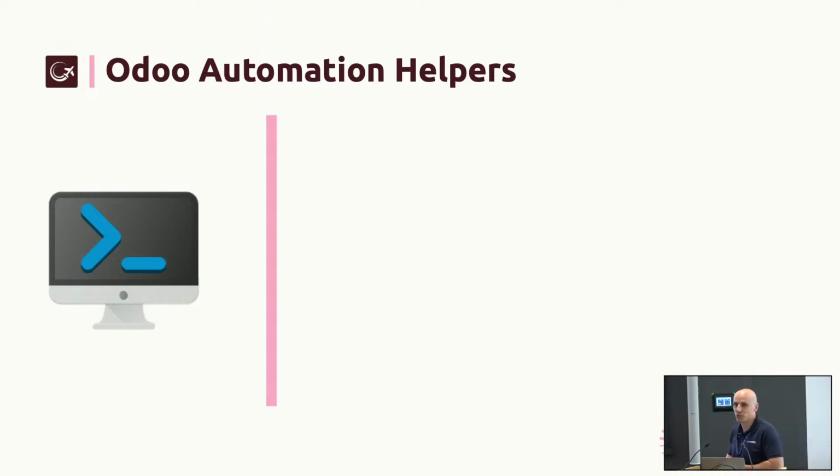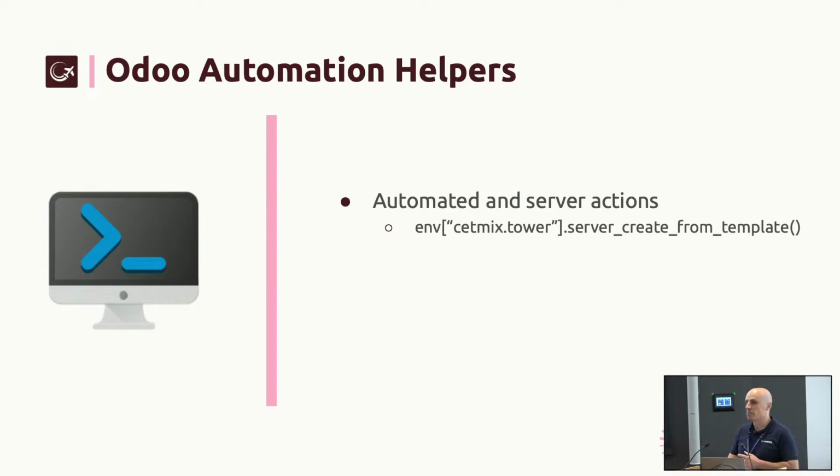Now, a little bit of technical stuff for developers. We also wanted to make this tool really user-friendly and developer-friendly for those who are using automated actions, server actions, scheduled actions. So we have created some helpers which allow you to use those shortcuts without a need to study the code. They are stored in a special model called Cetmix Tower, and for example, you can create from template.